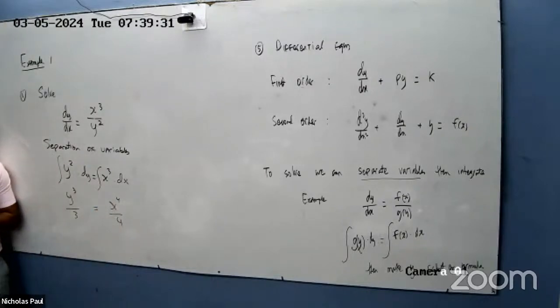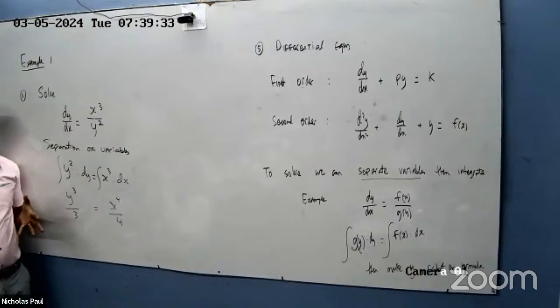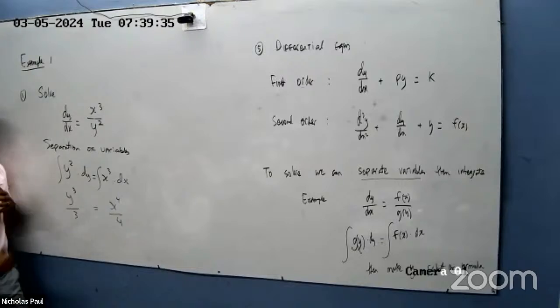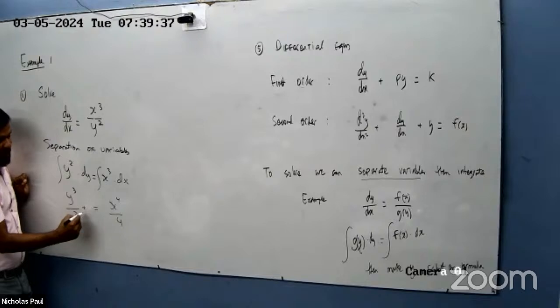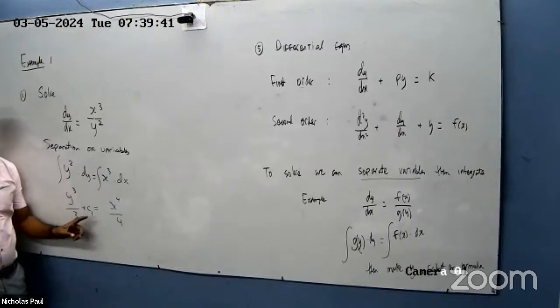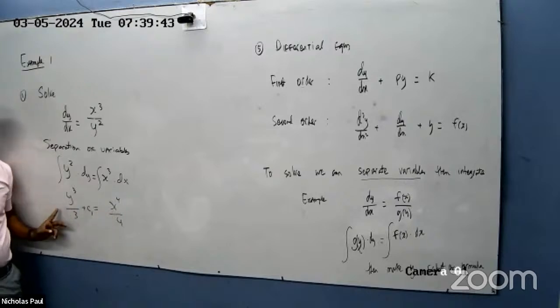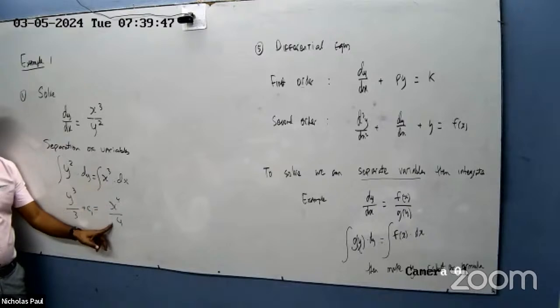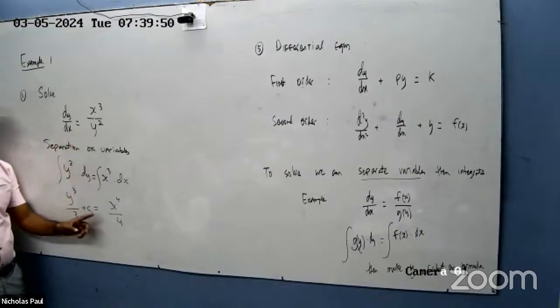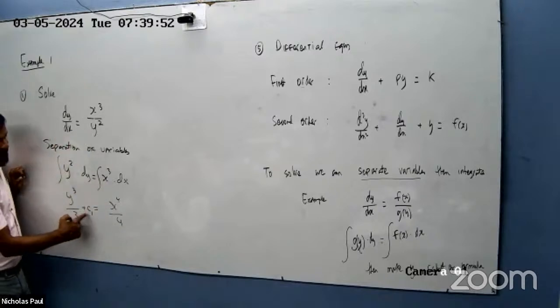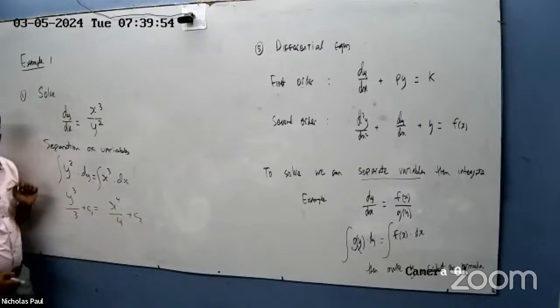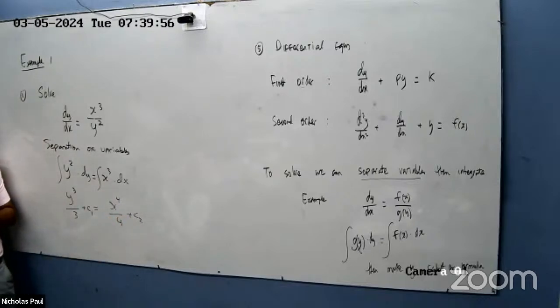Watch this here. Sometimes people just wonder what to do with the constants. When you integrate here, you're supposed to have a constant. Let's call it C1. Are you okay with this? Sarah, you okay with this and this? Integrate this to get this, integrate this to get this. And I separate the variables, so you have one constant here and you have one here. But you would recognize it's the solutions, so I only write in one constant.